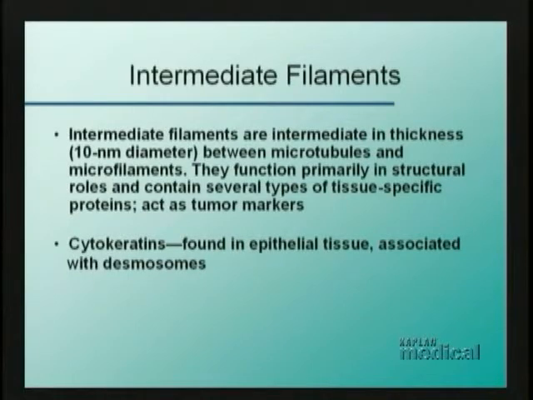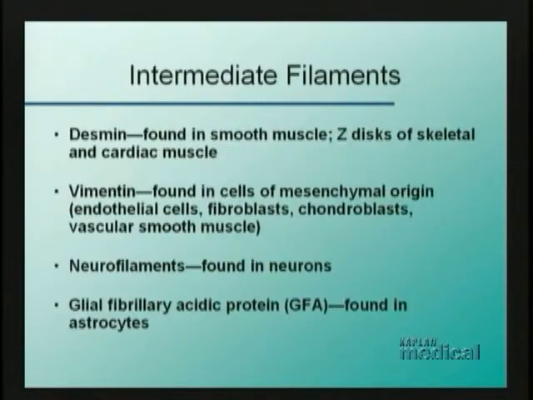Most common intermediate filaments include cytokeratins, which are characteristic of epithelial cells, and as we'll see, these kinds of structural intermediate filaments help maintain the integrity of desmosomes and hemidesmosomes, specialized cell-to-cell junctions that are found in a wide variety of epithelial cells. Desmin is an intermediate filament that's characteristic of all different kinds of muscle, gut smooth muscle, and it's also found associated with the Z bands or lines of a skeletal and cardiac muscle.